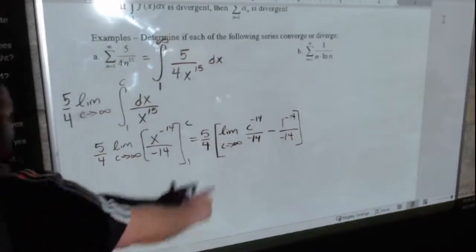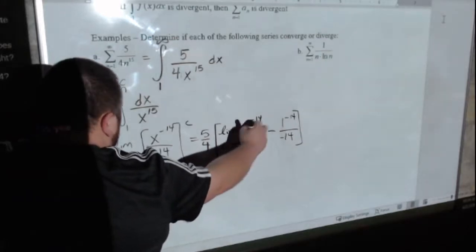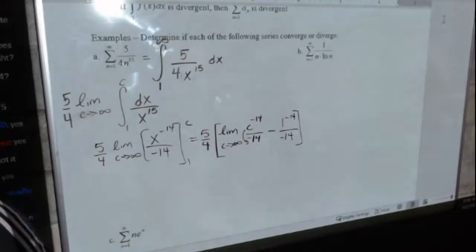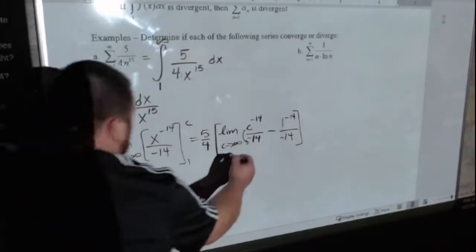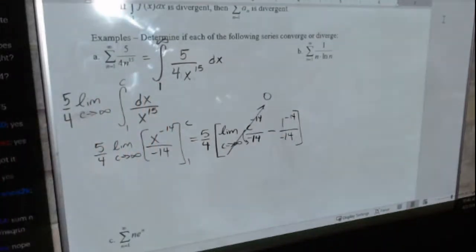This first one here, as c approaches infinity, it's c to a negative power. So it's really like I need to put that down there and make it a positive power. And in that case, I'm dividing by infinity, which means all of this goes to 0. So I've really only got this term left.